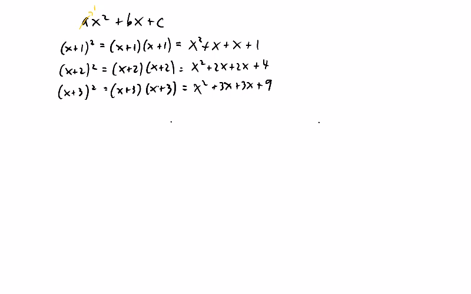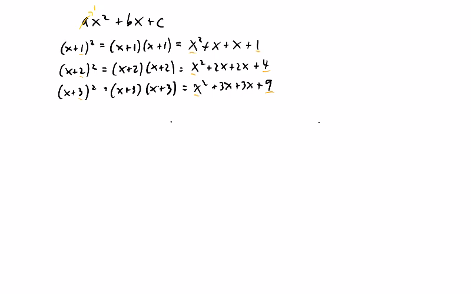Okay, so we're creating a pattern here. You'll notice that when you square the x as part of the first product, you always get x squared, and then we have the perfect squares 1, 4, 9, because the constant term in each of the binomials was 1, 2, and 3, respectively. So we get the squares of those numbers when we square the binomial.